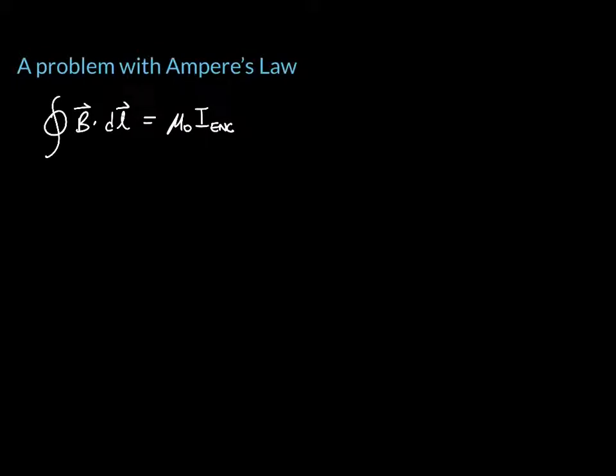So Ampere's law, as we've said a few times by now, that when you have current flowing through a wire, so that's what I is referring to in the right-hand side, that the product of that current enclosed by the loop that you're adding up over here on the left-hand side with the fundamental constant related to magnetic fields means that I can add up all the magnetic field pieces along the path.